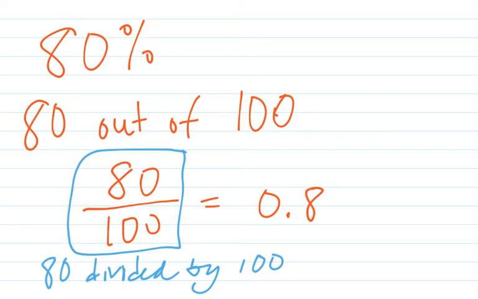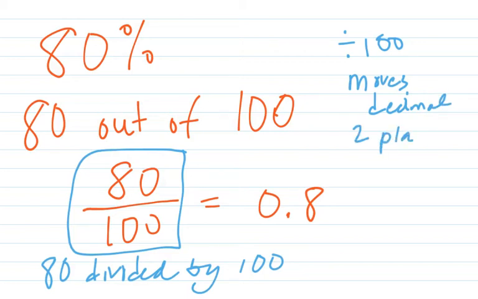You can even do that in your calculator, and that gives you 0.8. A good rule of thumb to know is that anytime you divide by 100, that moves your decimal 2 places to the left.